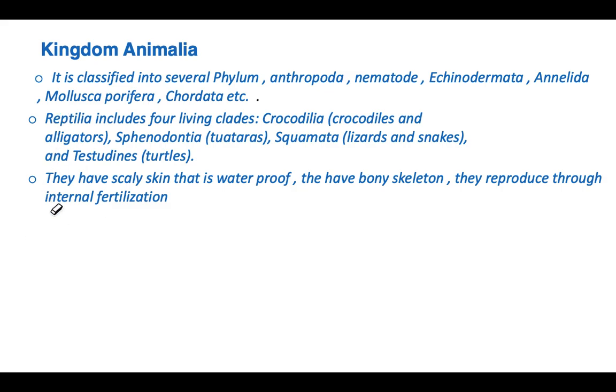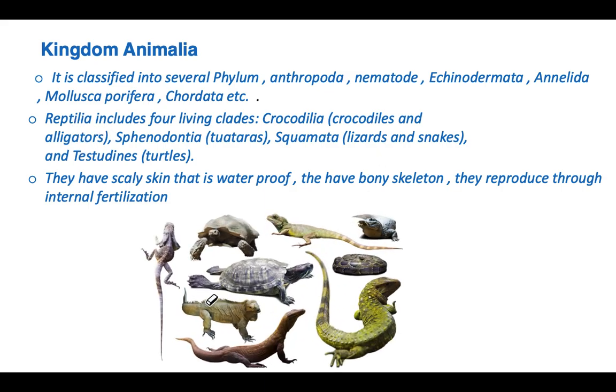If we look at the reptiles, Reptilia as a group of animals, we can state they have scaly skin that is waterproof. They have a bony skeleton. They reproduce through internal fertilization. So those are reptiles. We have lizards, turtles, alligators and so many others, chameleons and so forth.